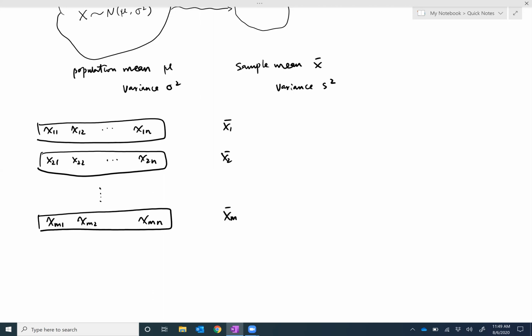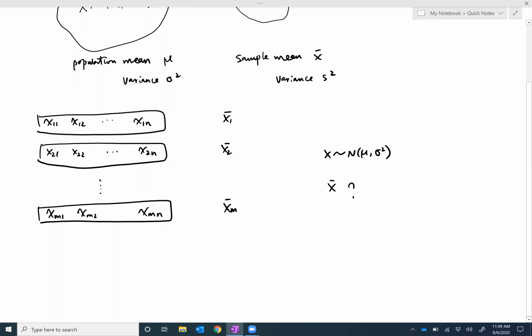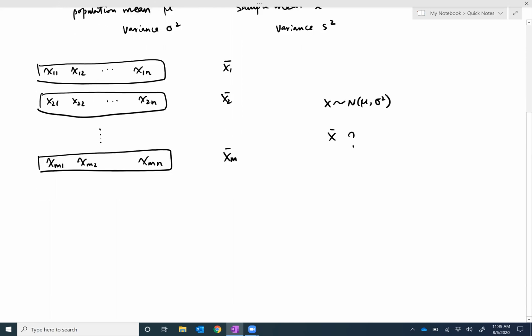Now the central limit theorem answers the question: if x is normally distributed with mu and sigma square, then what is the distribution of x bar? So the central limit theorem, CLT.